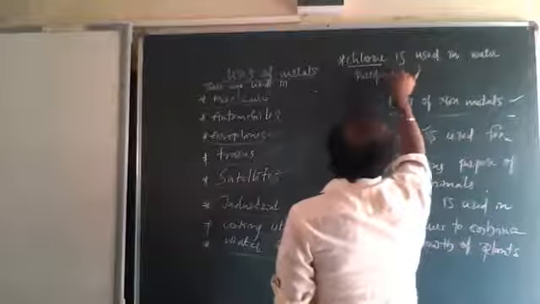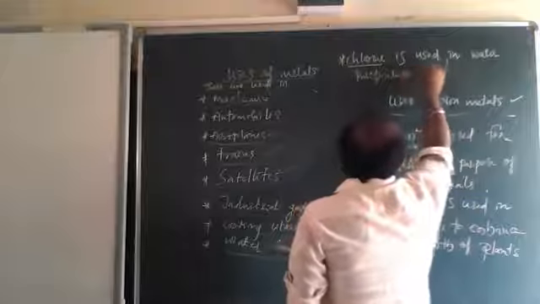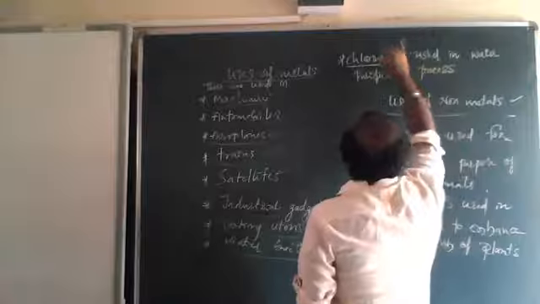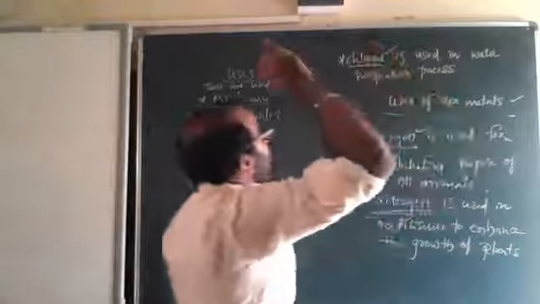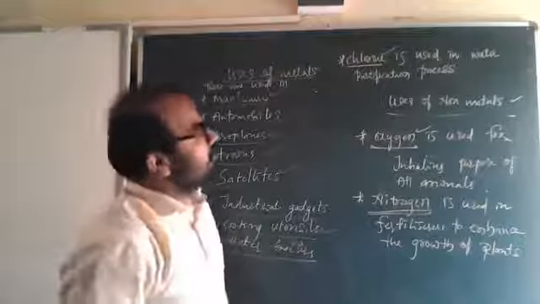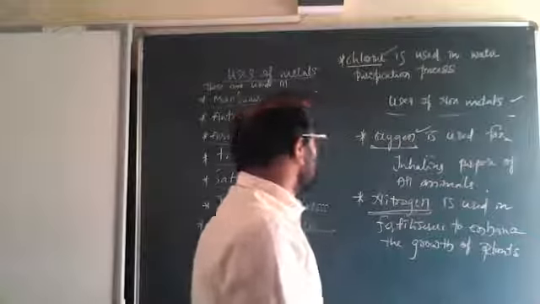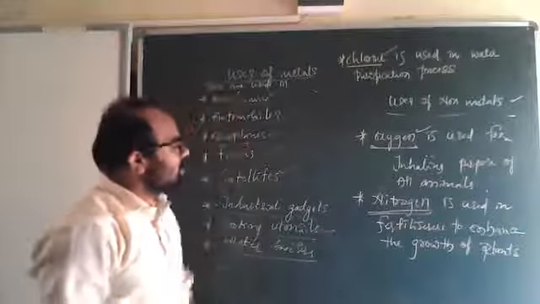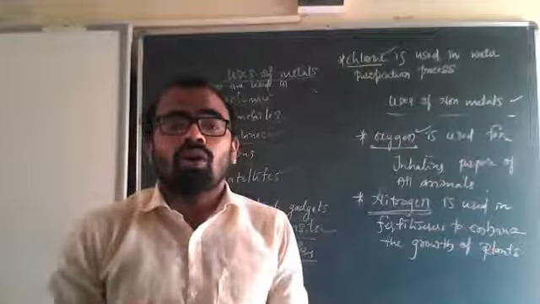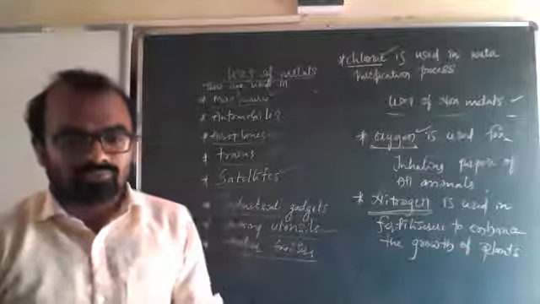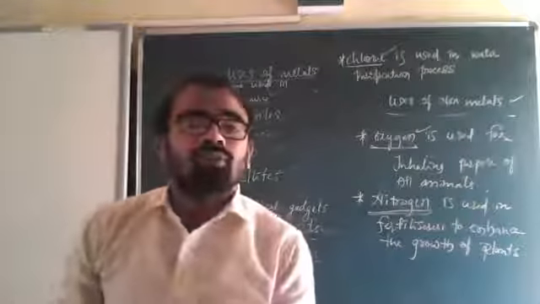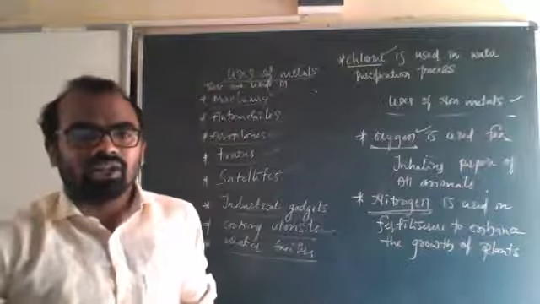You should remember this: chlorine is used in the water purification process, oxygen is used for the inhaling purpose of all animals, and nitrogen is used in fertilizers to enhance the growth of plants. So you just write non-metal used in water purification process: chlorine.